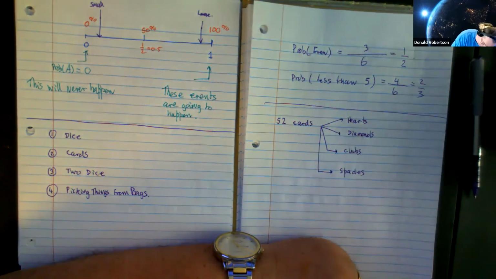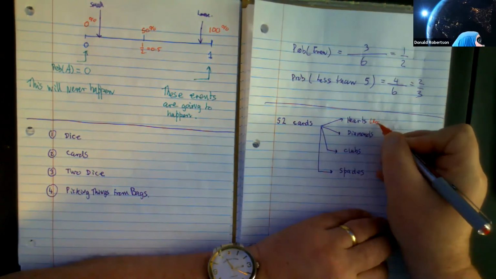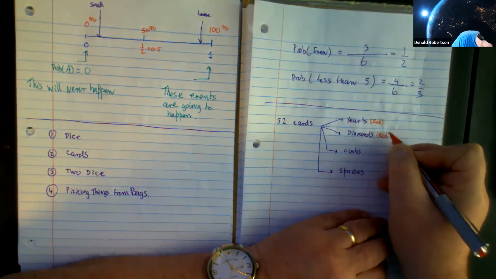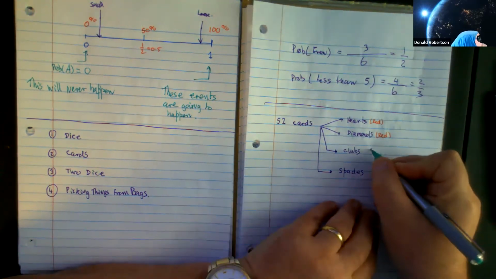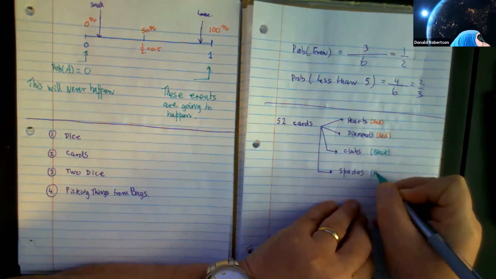And cards have colours. Diamonds are red in colour. So are hearts. And I know this isn't black, but clubs are black in colour, and so are spades.